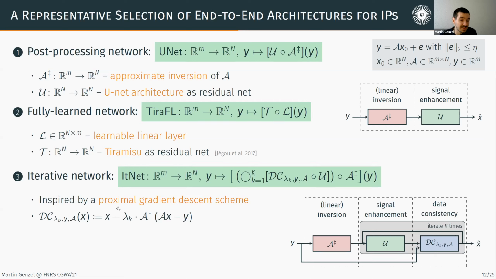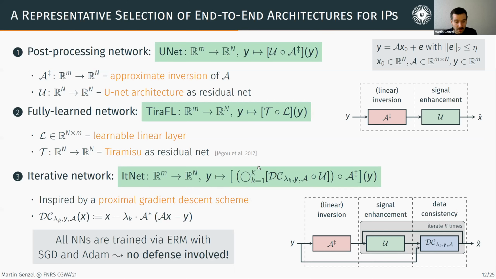Basically, this is inspired by classical proximal gradient schemes, where this data consistency term is just an L2 gradient step of a proximal gradient scheme. And what is replaced here by something learnable is the proximal operator. So this is the role that is played by the U-Net. Conceptually, the idea is quite simple. You have this learned signal enhancement that alternates with a data consistency term, and you would hope that this gives you better results.